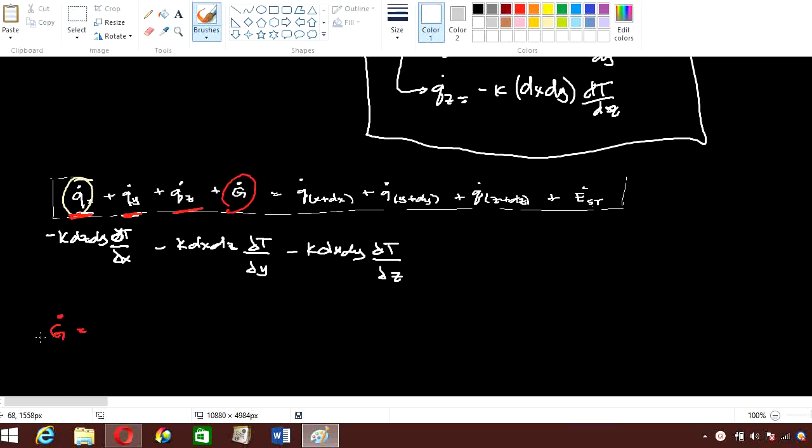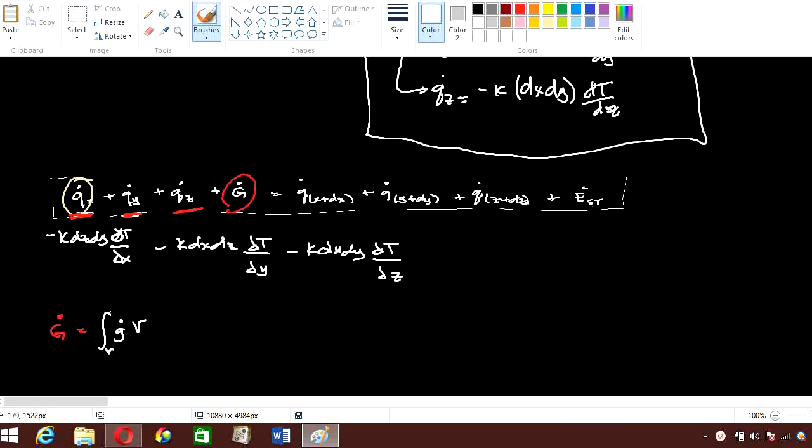Recall that this total heat generation is the integral of the heat generation per volume multiplied by the certain volume of our medium.